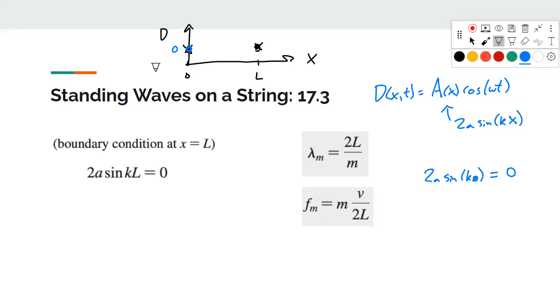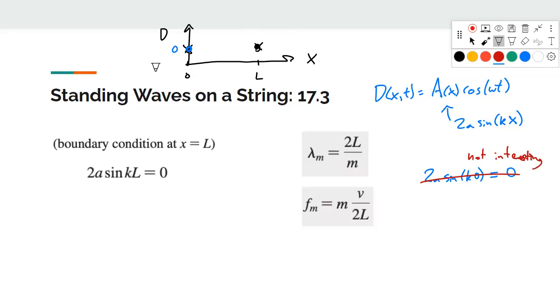So we apply the boundary condition. But this is quite boring, because no matter what k is, sine of 0 is just going to be 0. So this doesn't really tell us anything interesting.